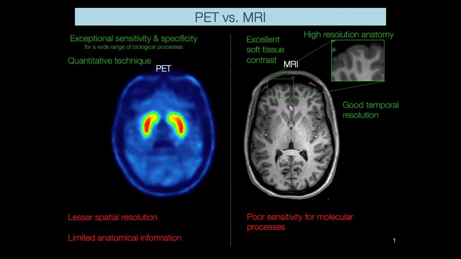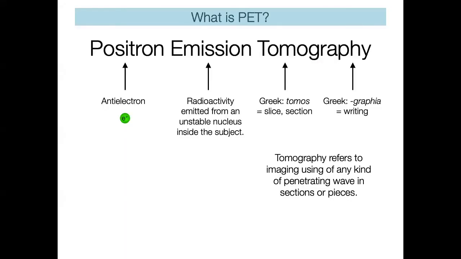So just to give you this as a little visual starter, let's go back to the basics. This hour, I'm going to talk about positron emission tomography. So where does this come from? A positron is really an anti-electron.